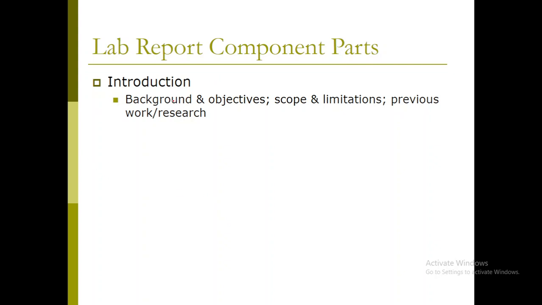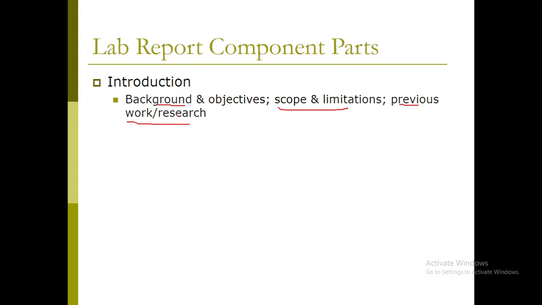In the introduction, we usually mention the background and the objectives of the study, and we need to talk about the scope and the limitations of that study, and we need to mention the previous work, the previous researches.